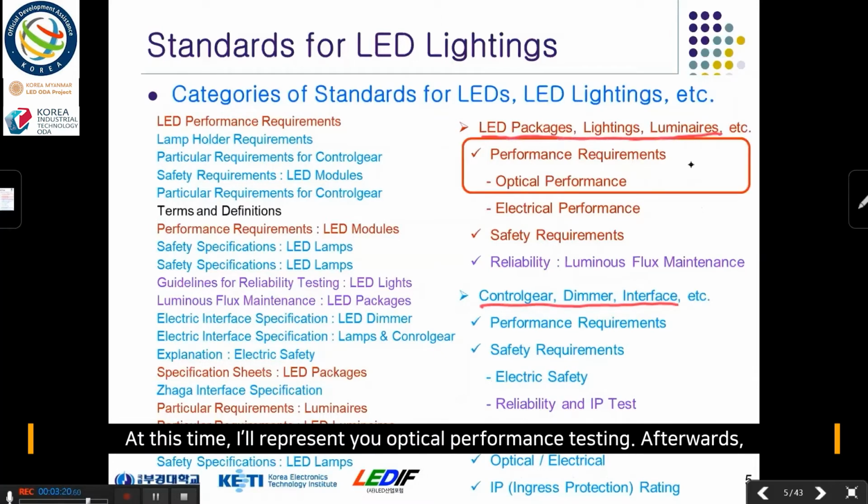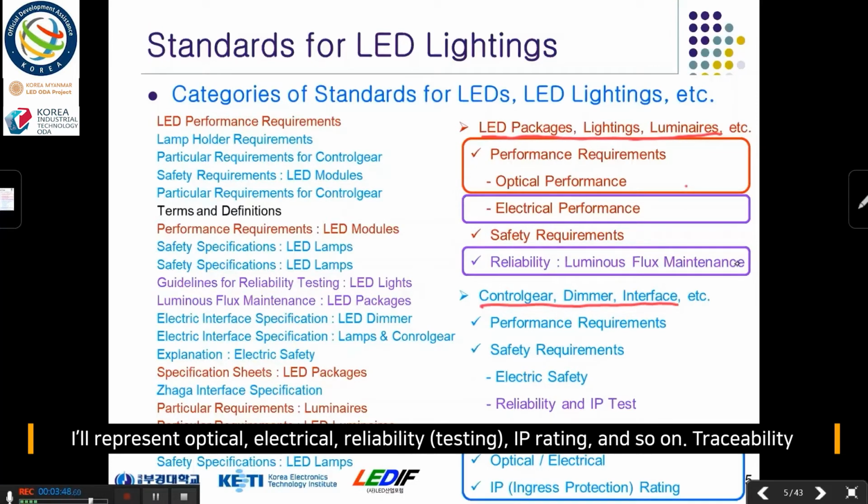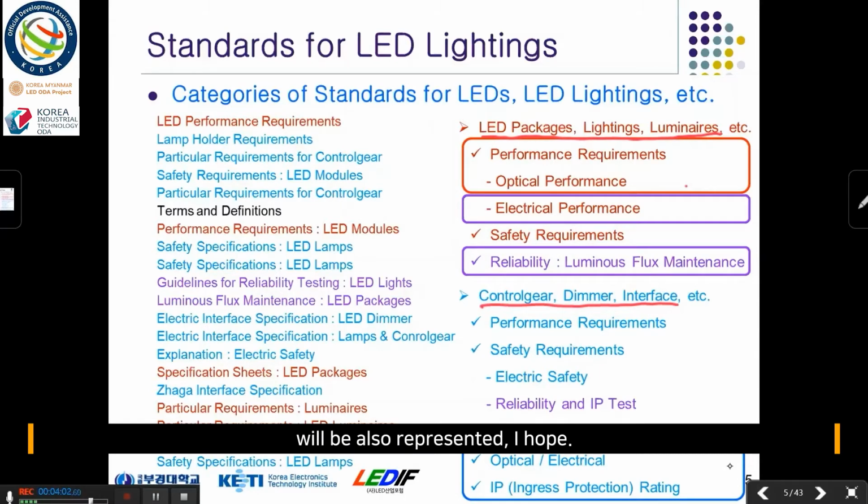At this time, I'll present optical performance testing. Afterwards, I'll present electrical performance and reliability testing. Luminous flux maintenance will be the main issue. And afterwards, I want to present optical, electrical, reliability, and IP rating, and so on. Stability will also be presented, I hope.